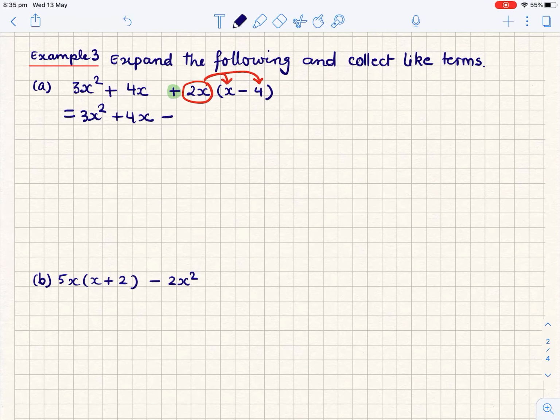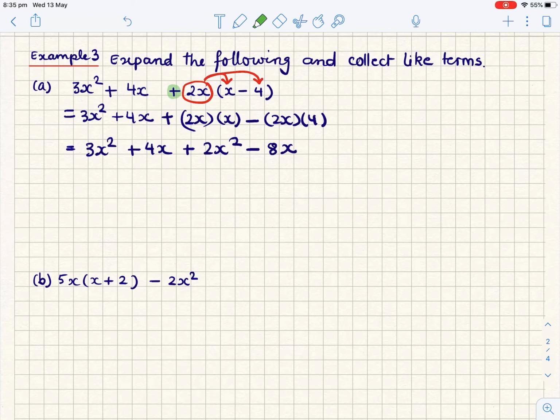So you get plus 2x times x, minus sign from the bracket, 2x times 4. We get 3x squared plus 4x plus 2x squared minus 8x.